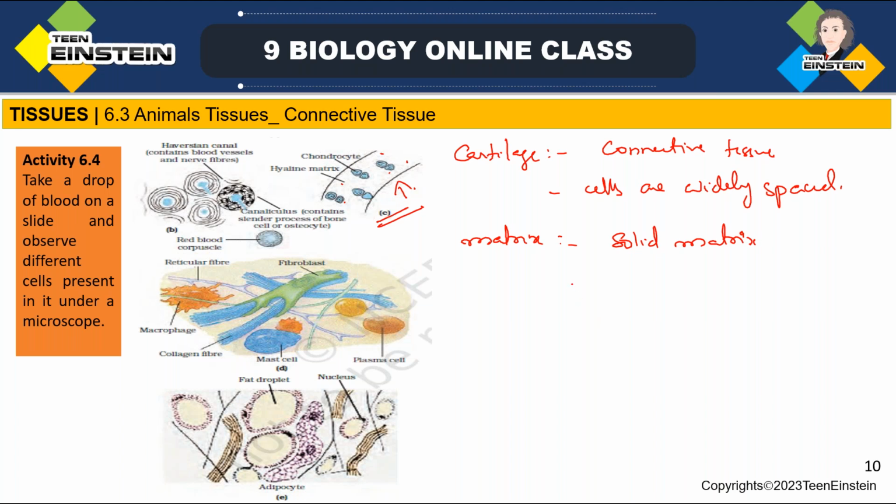And this matrix is composed of sugars and proteins. And where it is present, what this cartilage does is that bone surfaces are smoothened by this cartilage.